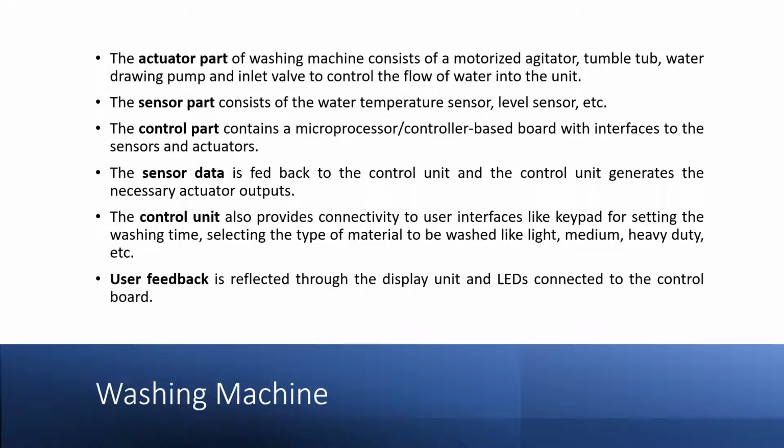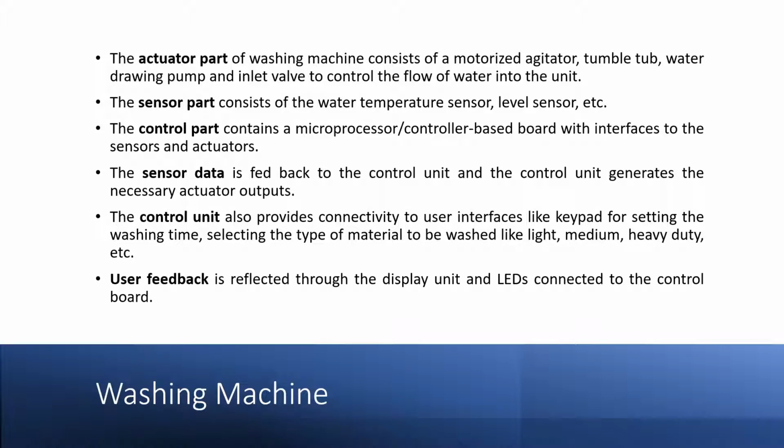So in general how it works we know. The sensor data is going to feed back signals to the control unit, and the control unit is going to generate the required inputs to the actuator. So this control unit is responsible for providing connectivity to user interfaces like keypad, for setting washing time maybe, or selecting which type of cloth you are going to wash that particular time or day.